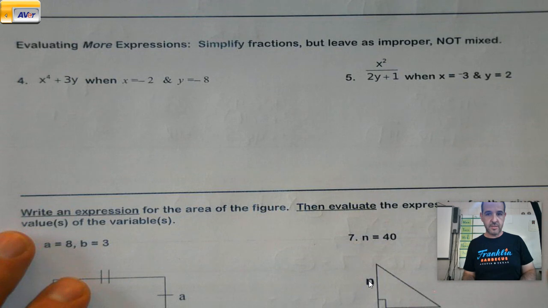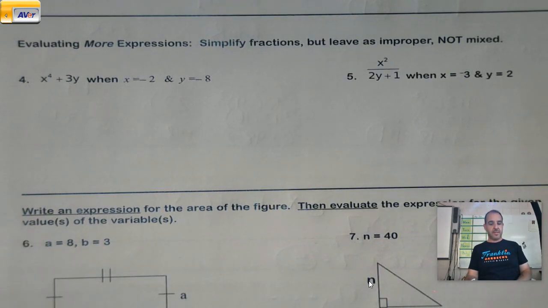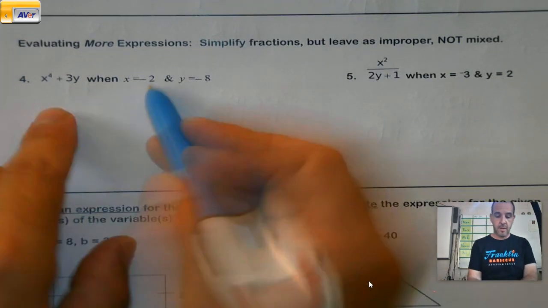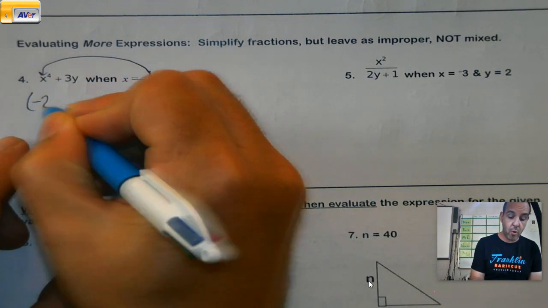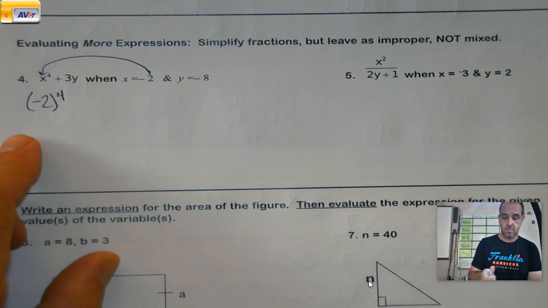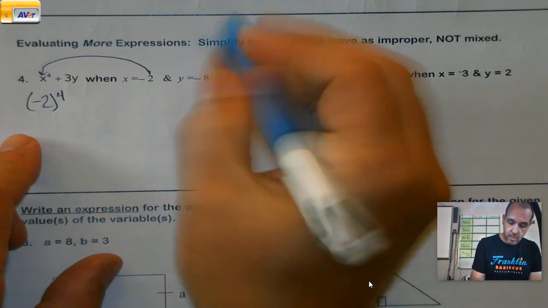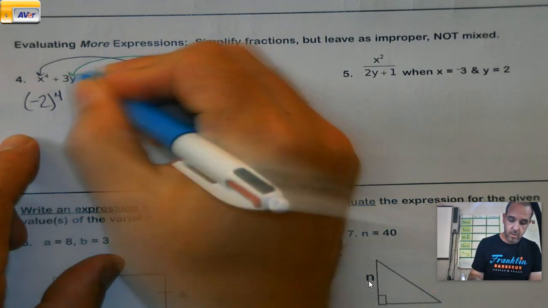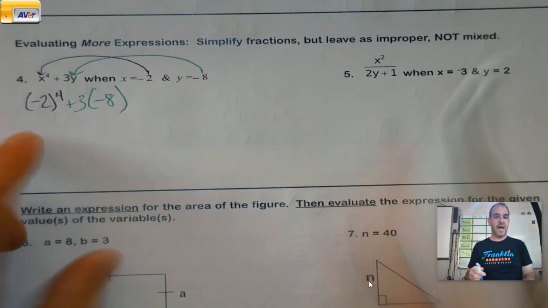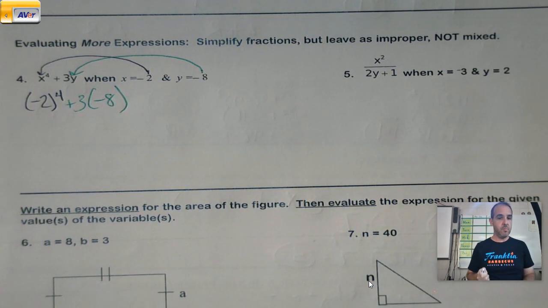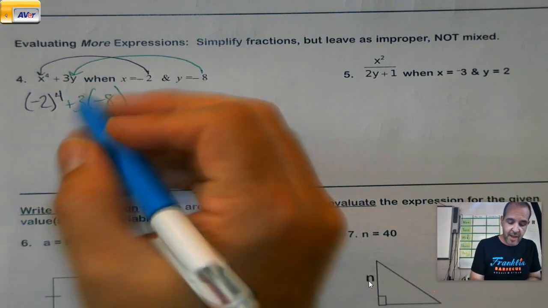Simplify the fractions. Leave them as improper, not mixed. So again, we're going to plug numbers in with parentheses. Again, if you've got colors, I highly suggest them. And again, here, try to challenge yourself to do some of this in your head, but if you need to go to the calculator for some help on some things, that's not bad.